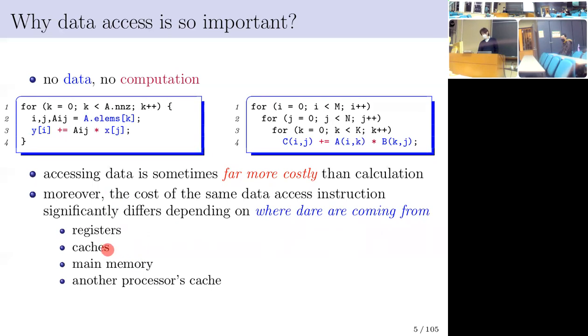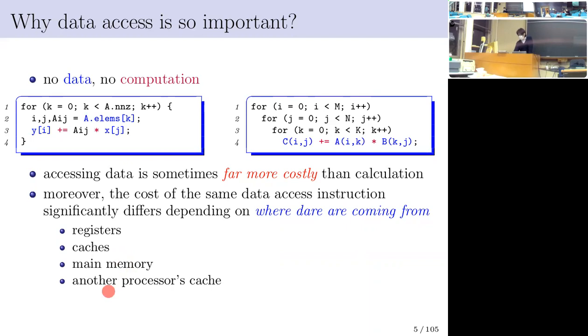Sometimes data is coming from caches. Sometimes data is coming from main memory. And in the context of a multi-core GPU, the data may be coming from another processor's cache. So some communications may be happening invisible to you.